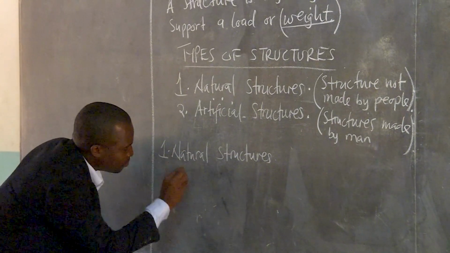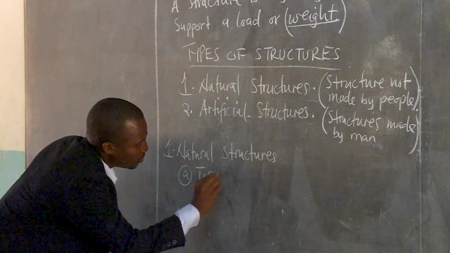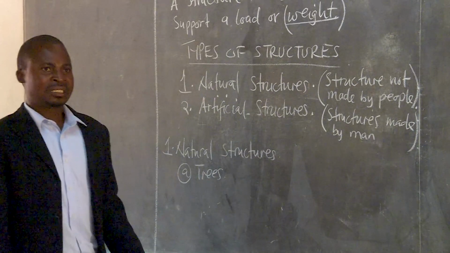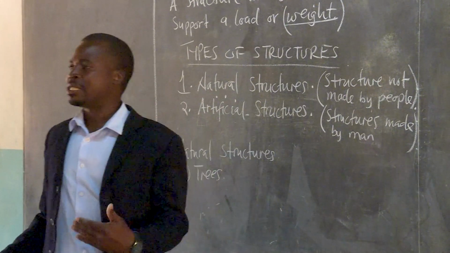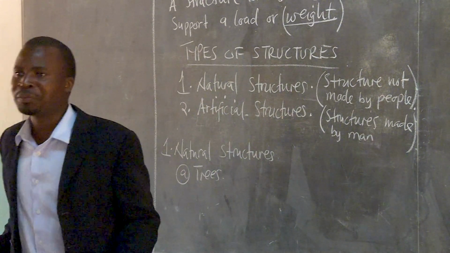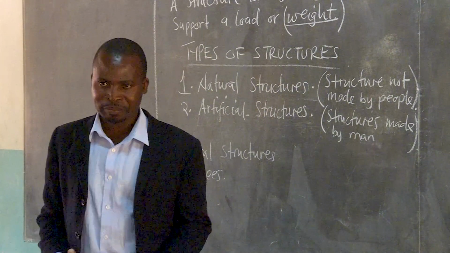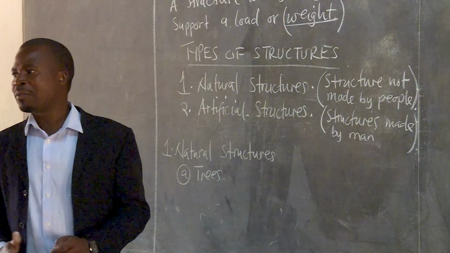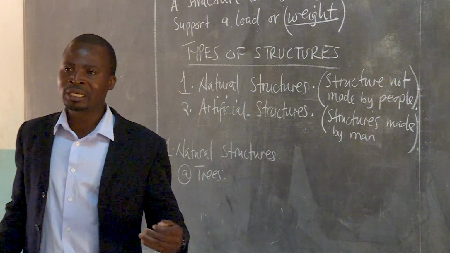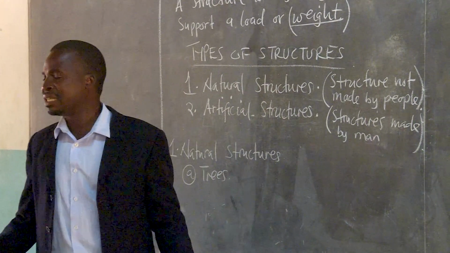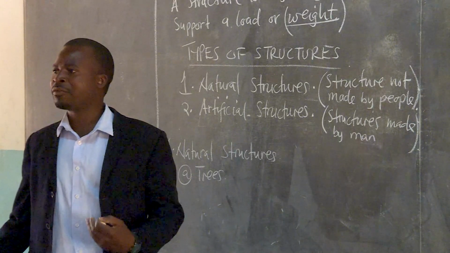Trees are structures which are not made by man. We just found them. No one ever came up with an idea of making a tree. It is nature. That's why they fall under natural structures.